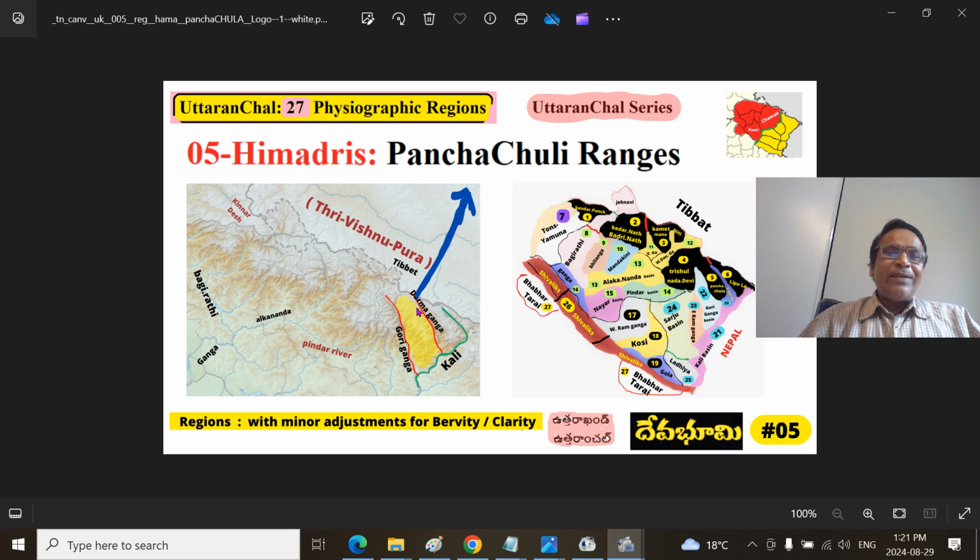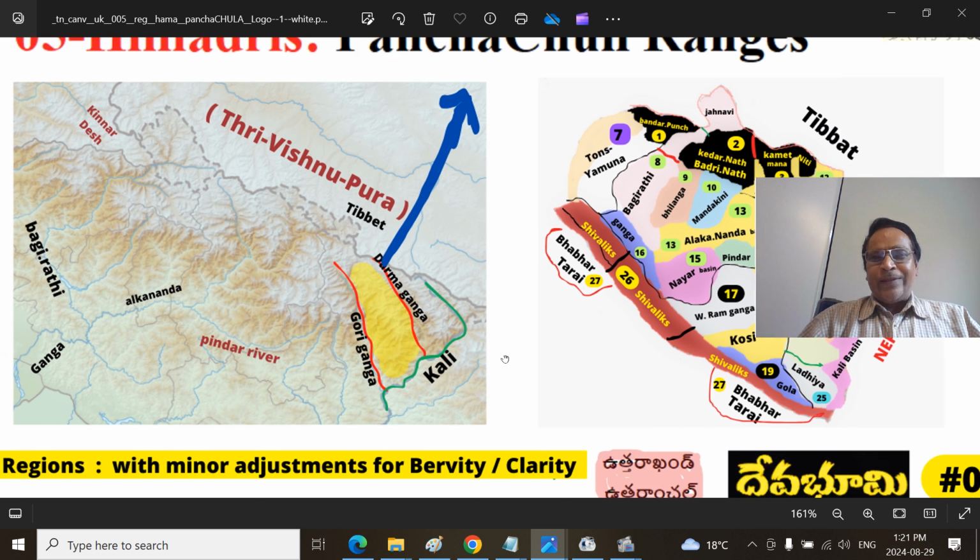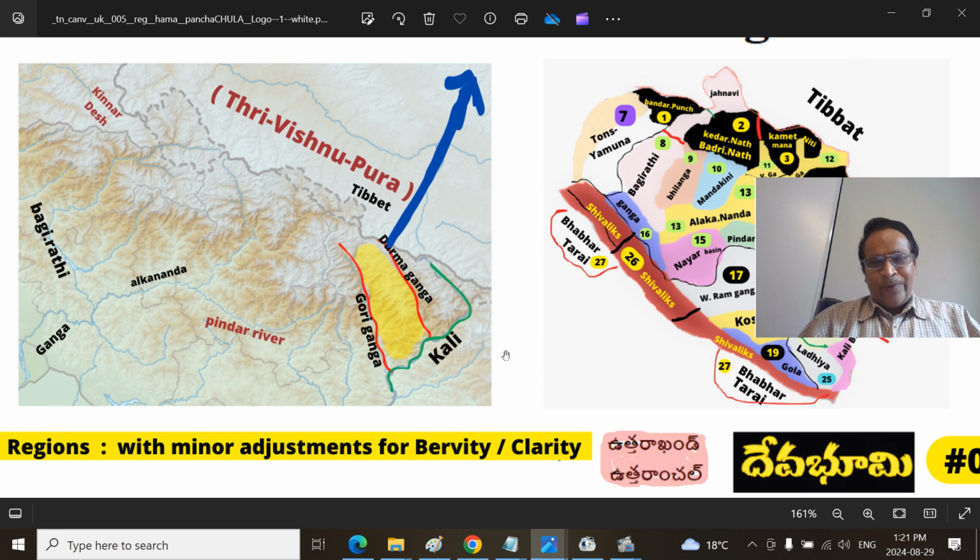This is the yellow part highlighted here, Pancha Chuli mountain ranges between the Ganga River on the west and the Ganga River on the east. The eastern Ganga is also called Purbi Ganga. There is also the Western Ganga that joins the Alakananda River near Vishnu Praya, Joshimath area.